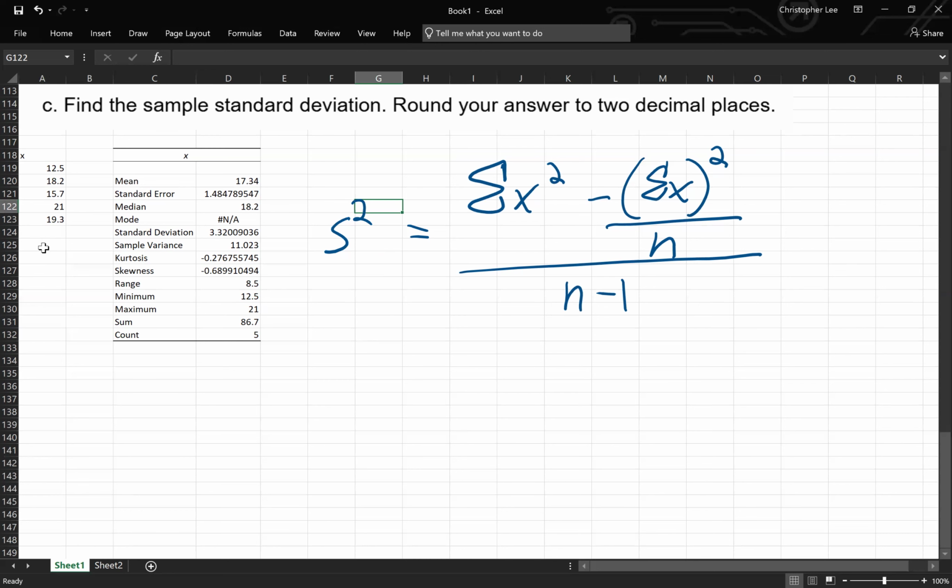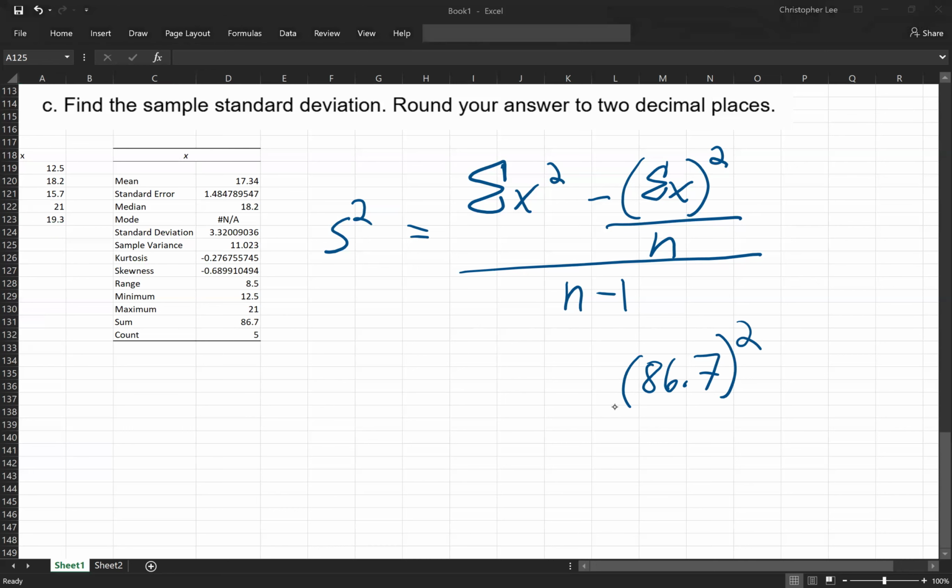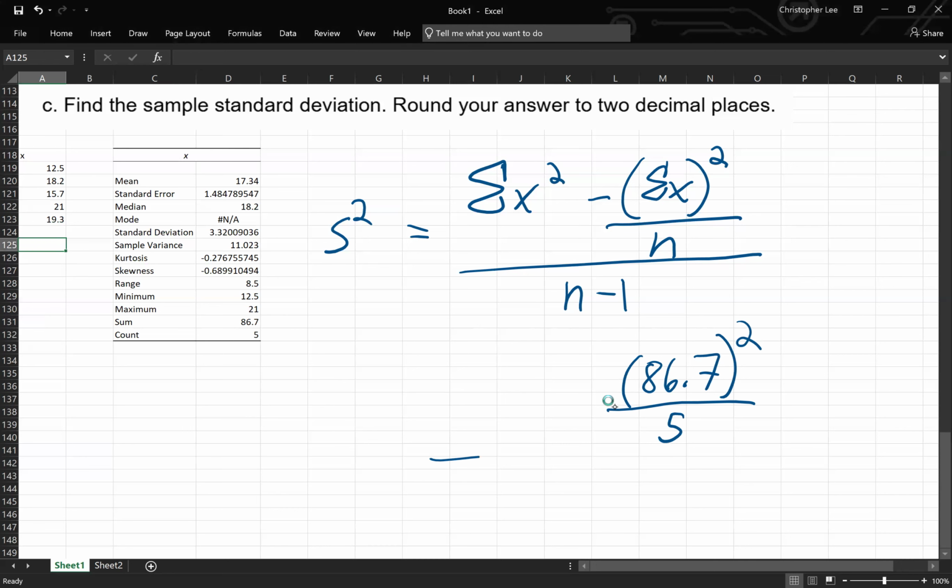Let's take a look real quick. I know that the sum of x is 86.7. We're going to square that, divided by 5, and all of this divided by 5 minus 1.